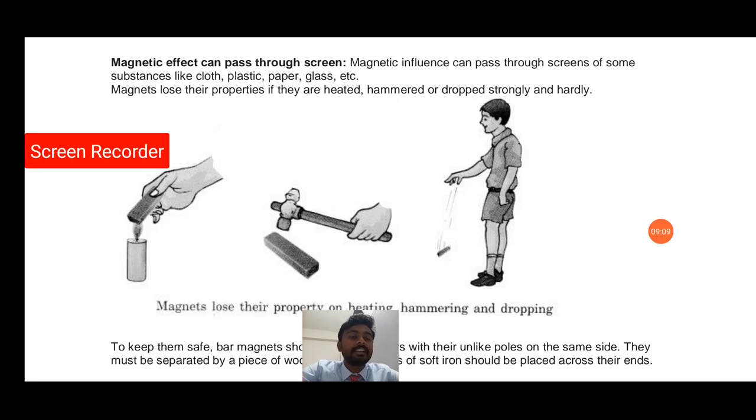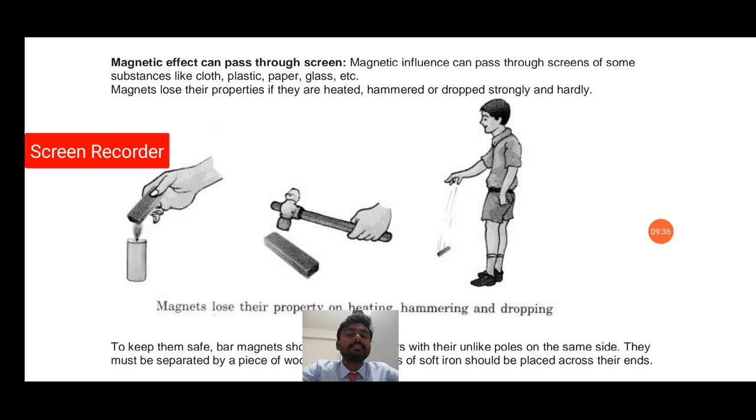Magnetic influence can pass through screens of some substances like cloth, plastic, paper, glass, etc.